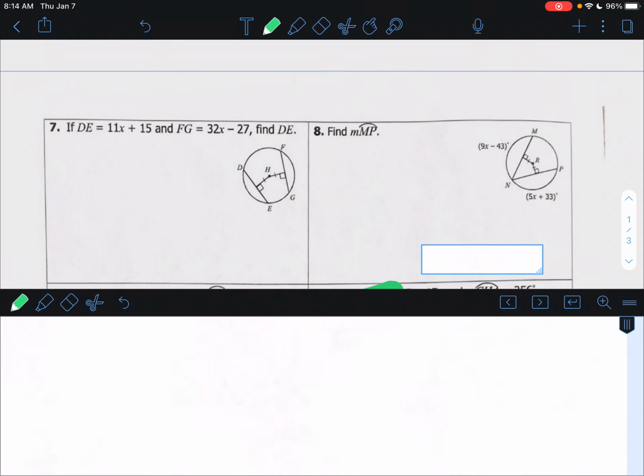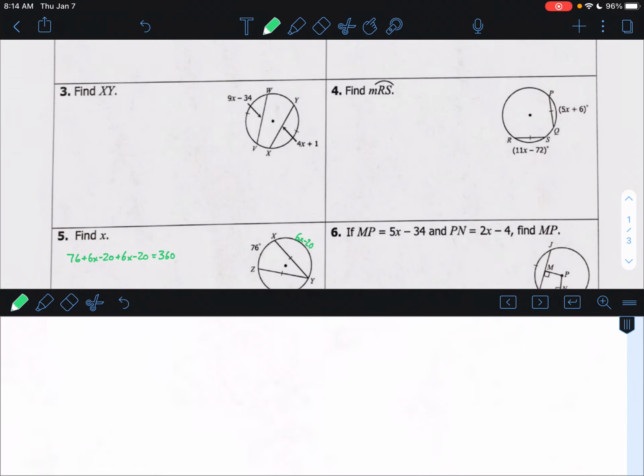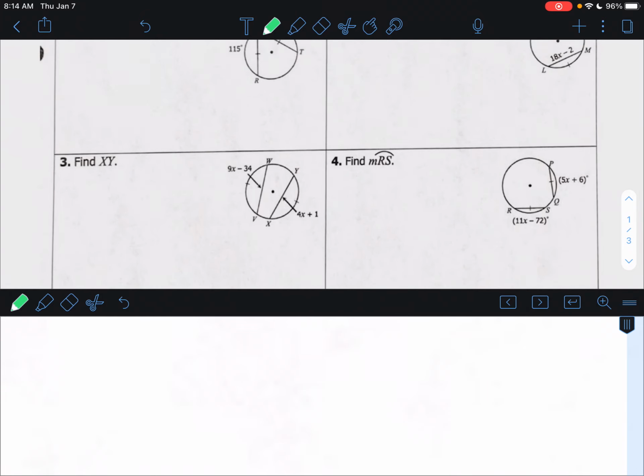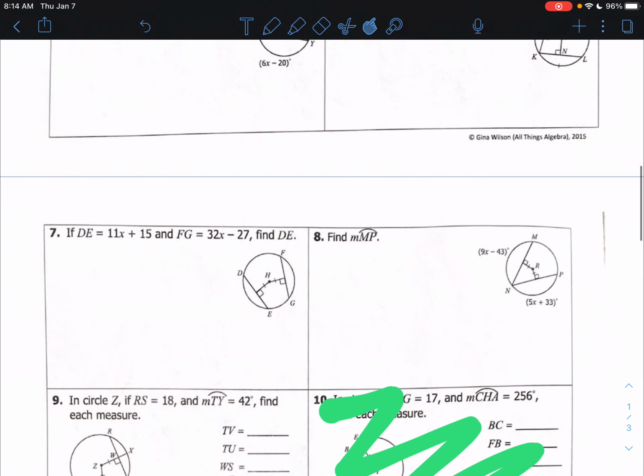But all the others should be pretty straightforward. I believe you're just setting things equal to each other and solving for a length, an arc measure, or a variable. So number 5, I didn't solve it, but that's how you would set it up, and you just need to solve that equation for x. And remember, only do up to number 9 on this assignment.